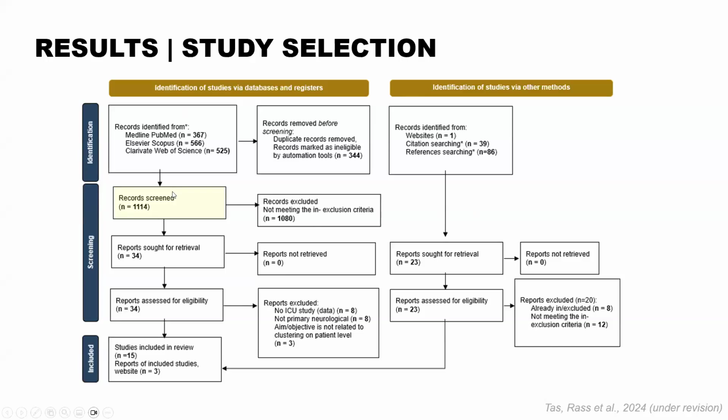We screened over 1,000 abstracts. We end up with 18 studies, of which 3 studies were found by screening the references and the citations. And I would like to mention that we excluded 8 studies, which were ICU patients, but they did not include ICU data, so we excluded them.